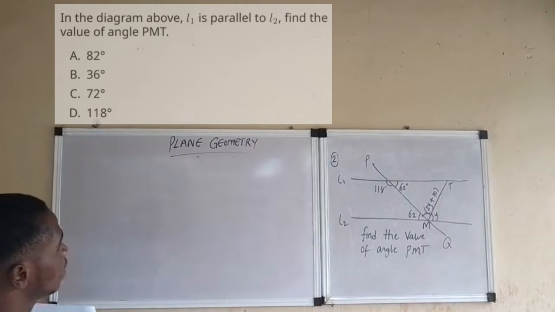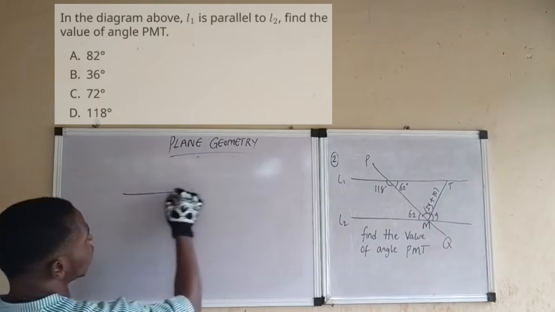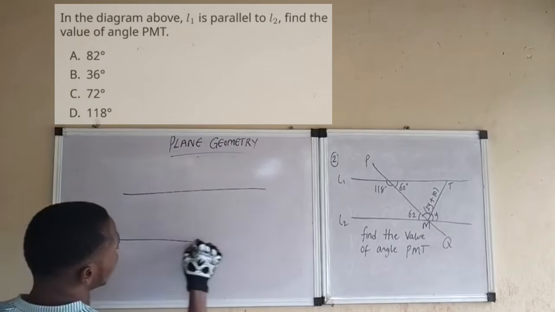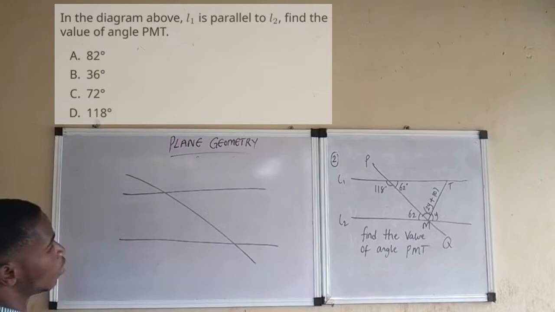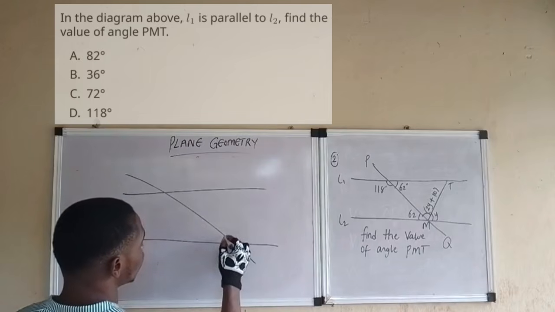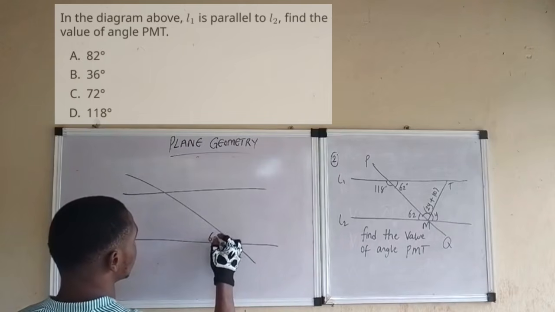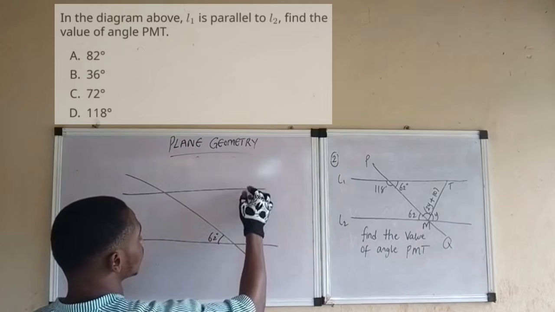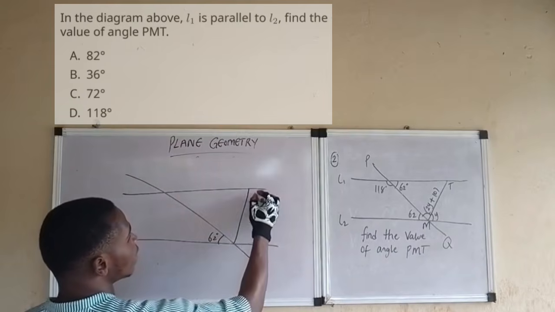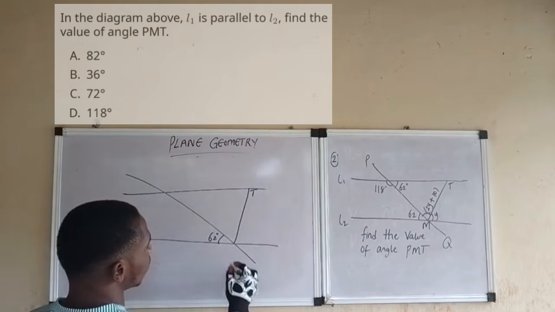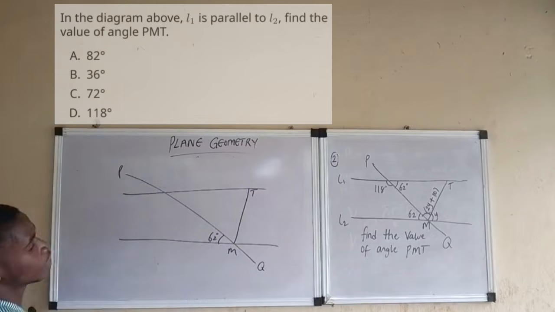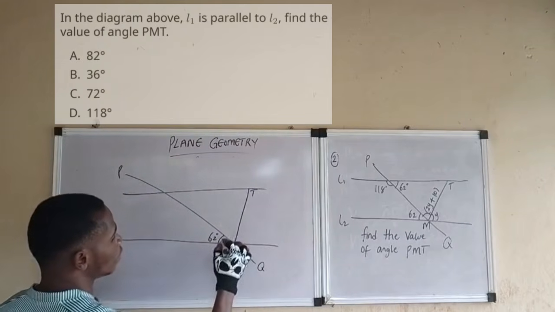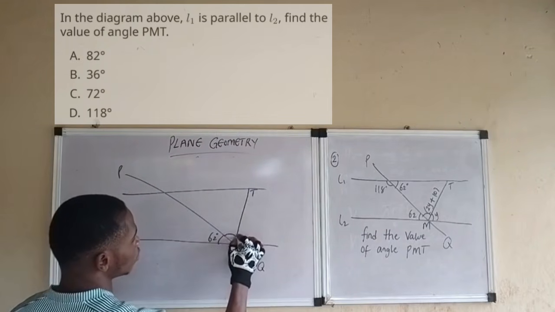Look at this transversal line that you can see. Let me try to replicate the shape here so that it is more clear. So we have 62 degrees here. We have our T, M, Q, P. So we're looking for the value of the angle in this portion.